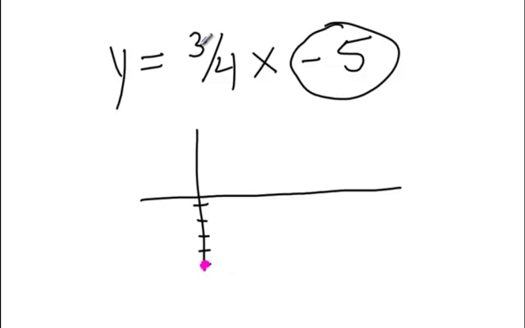Now it says 3 over 4, so that's 3 up, that's our rise, and 4 across. 1, 2, 3, and 4 across. 1, 2, 3, 4. We've just graphed it.